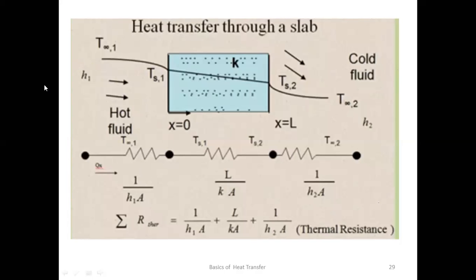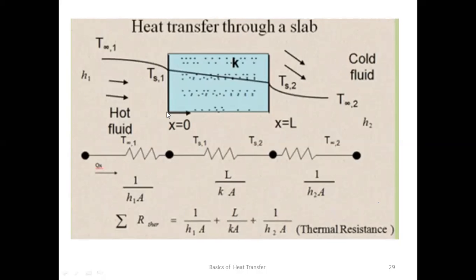Now see here, if heat is transferring from the left side, hot side, then the same heat will transfer to the cold side after steady state. Once the steady state is achieved, the same heat is being transferred from hot side to cold side. Hence, you can say that this is a series arrangement. Got this? It is a series arrangement.